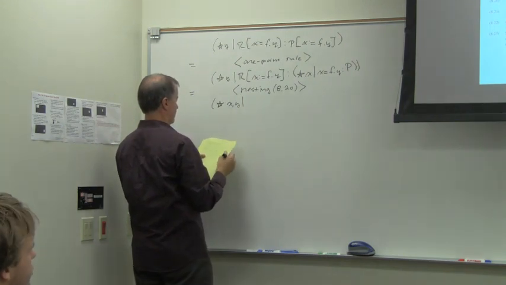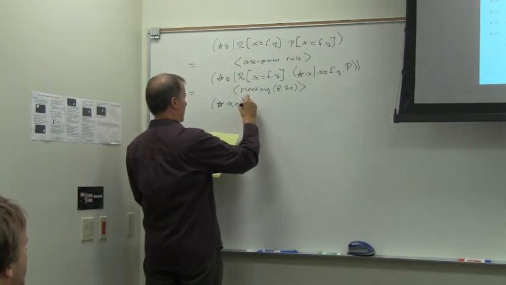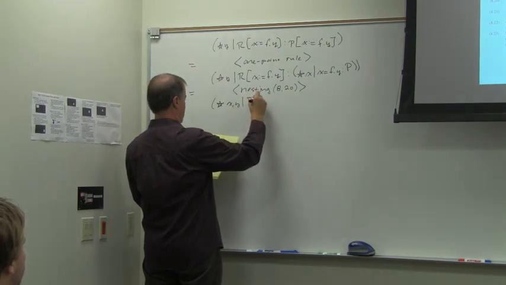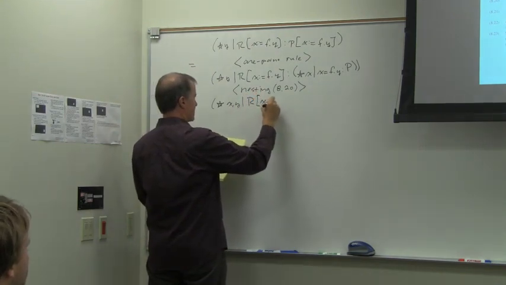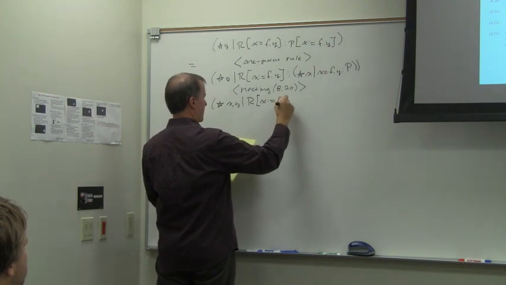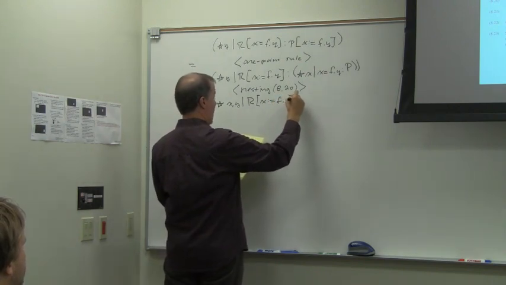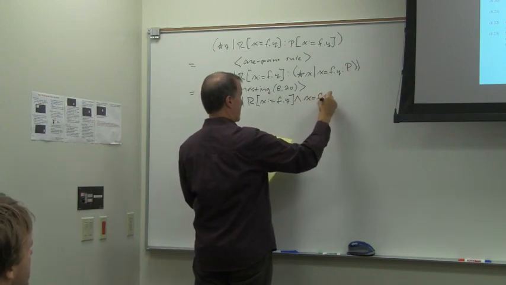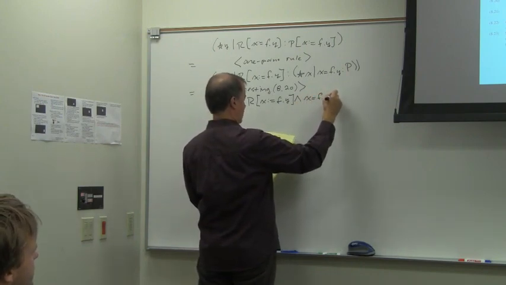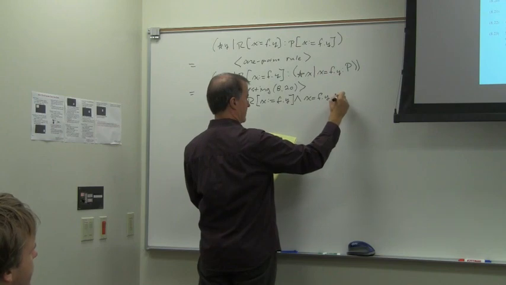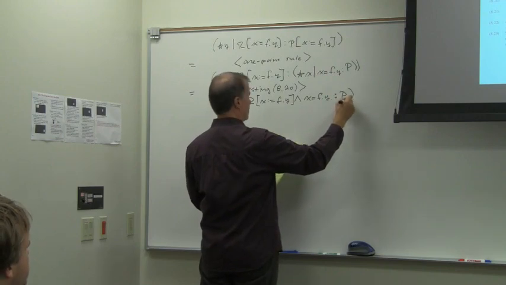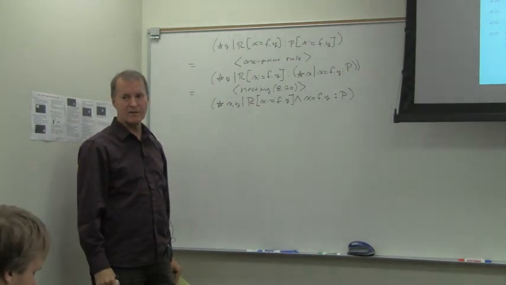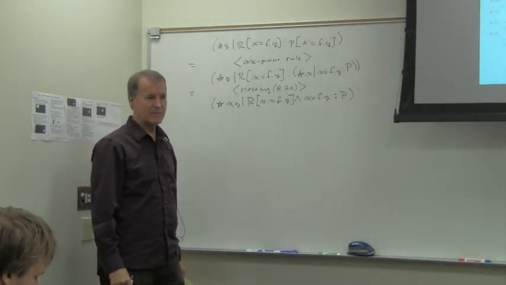Range R with x replaced by f dot y, and x equals f dot y. Body P. Now, is everybody good on this? Does everybody see how that worked?